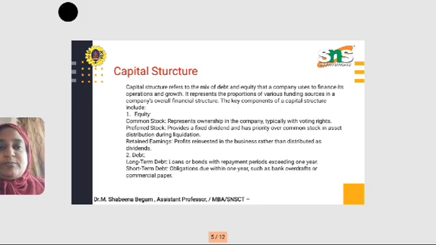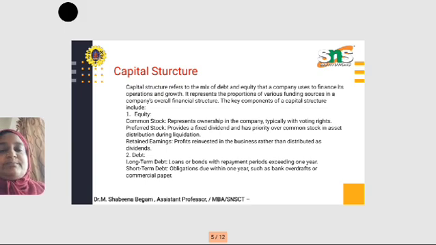Equity is of two types: common stock, which represents ownership in the company, typically with voting rights, and preferred stock, providing a fixed dividend and priority over common stock in asset distribution during liquidation. Retained earnings are the profits reinvested in the business rather than distributed as dividends.